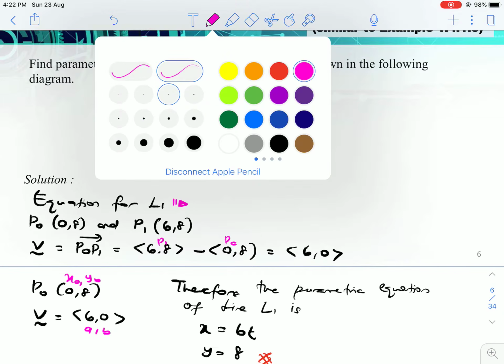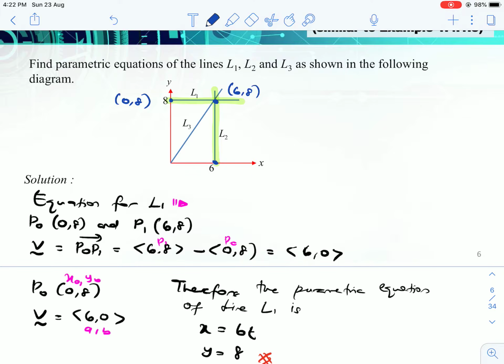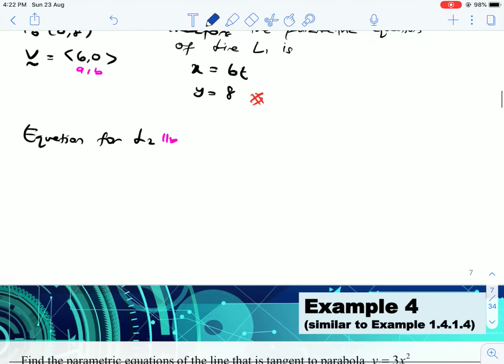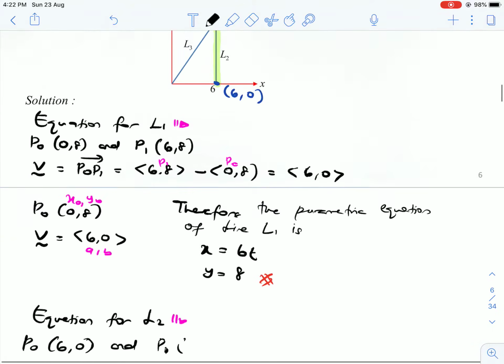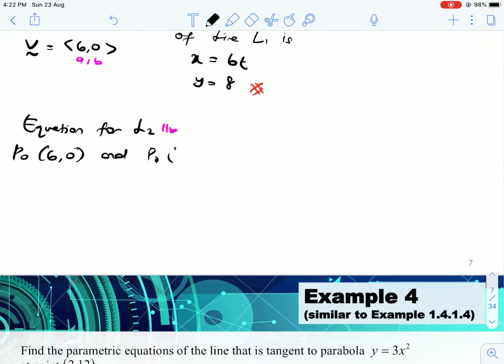Right here we have a coordinate P naught as (6, 0). So now our P naught is (6, 0) and P1 is (6, 8).